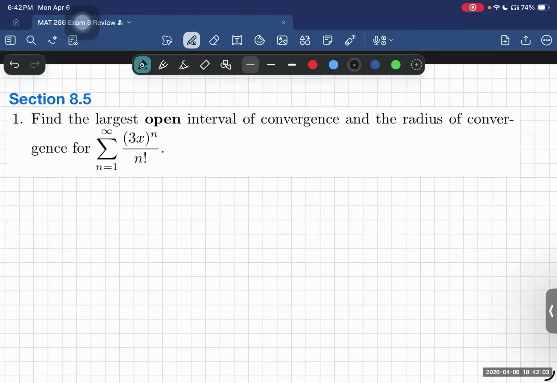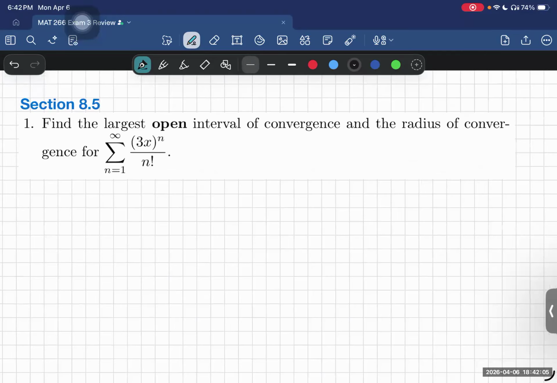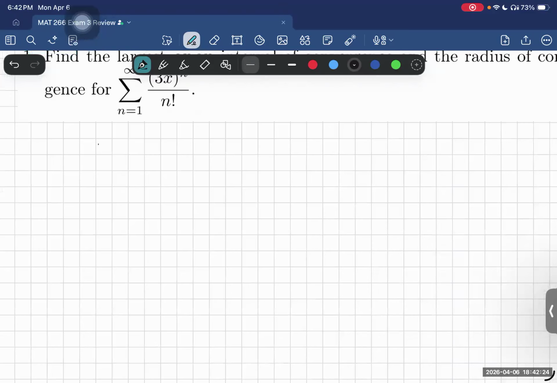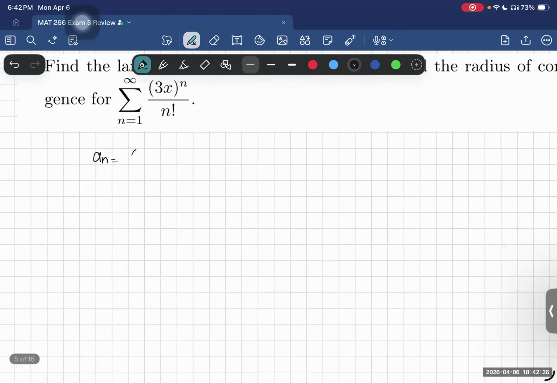Okay. All right. So the next thing that we have is to find the largest open interval of convergence and the radius of convergence for the term (3x) raised to n over n factorial. Again, this term is more or less the same, but let's try to do it. So again, the general term a_n is equal to (3x) raised to n divided by n factorial. All right.